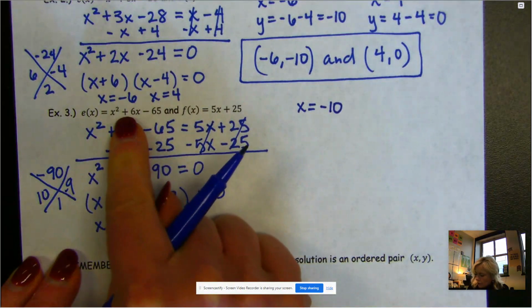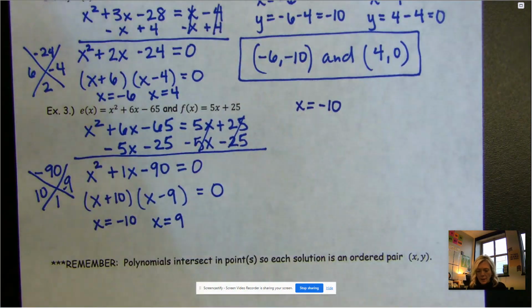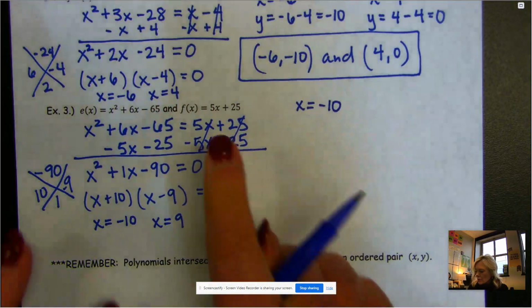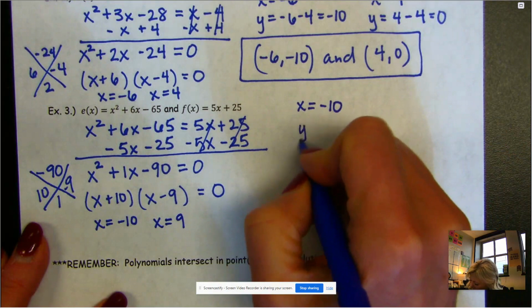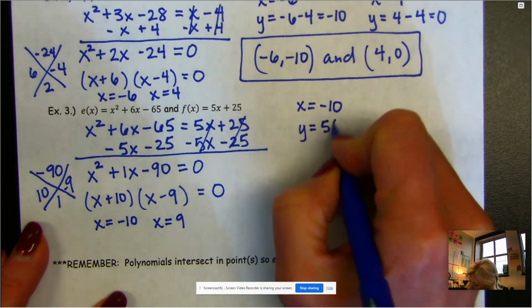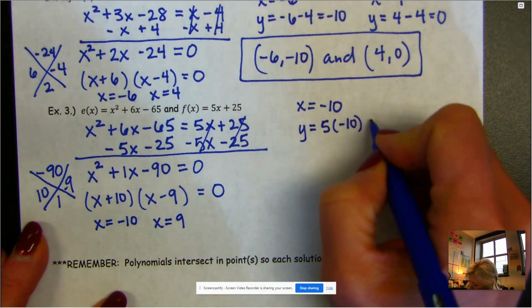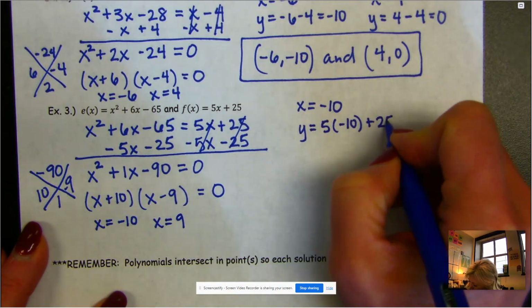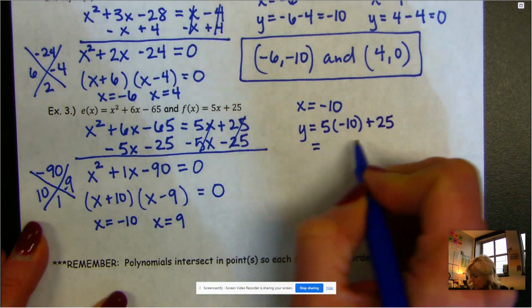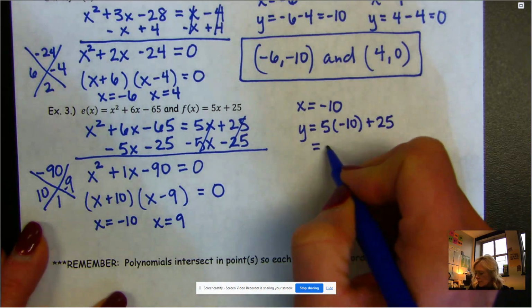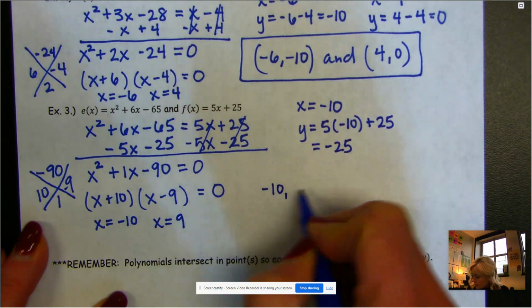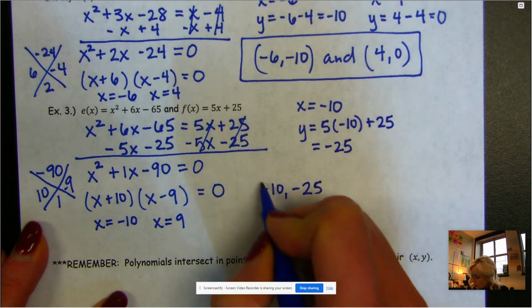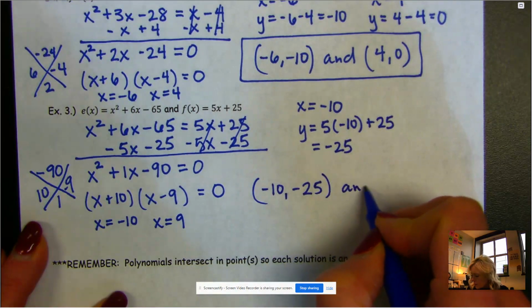Looking at function e versus function f, it looks like function f is a little bit less work. So y is equal to 5 times negative 10 plus 25, which is negative 50 plus 25, which is negative 25. So negative 10, negative 25 is a point of intersection.